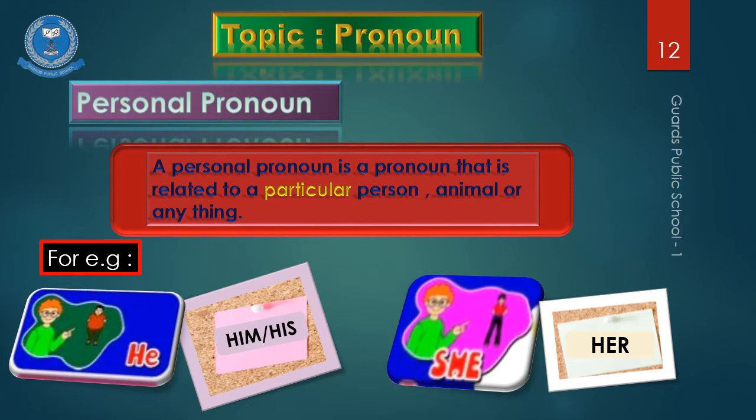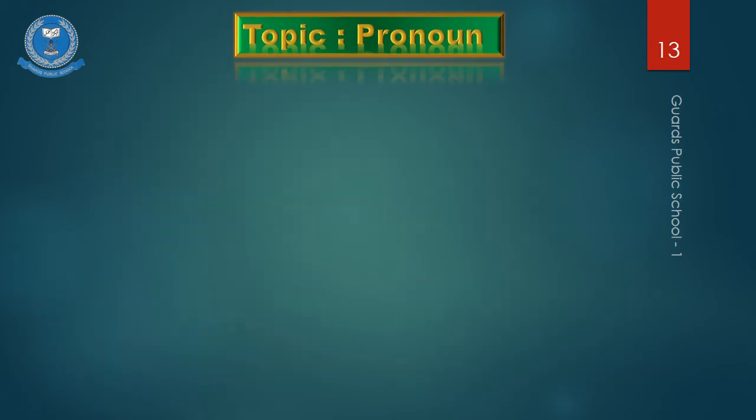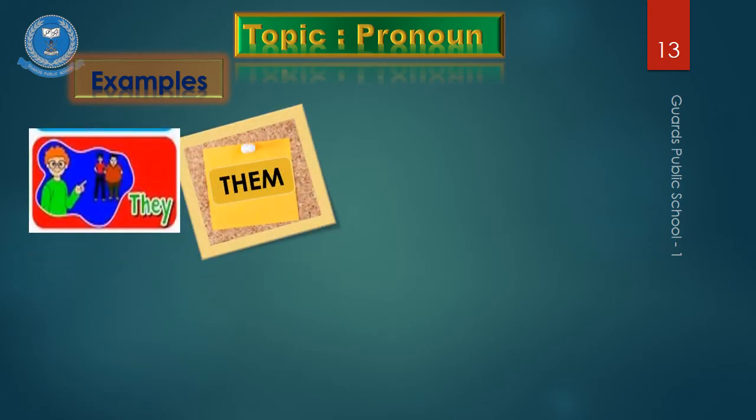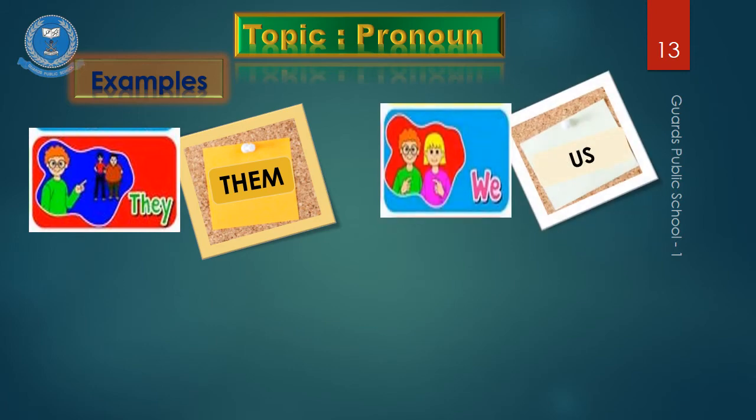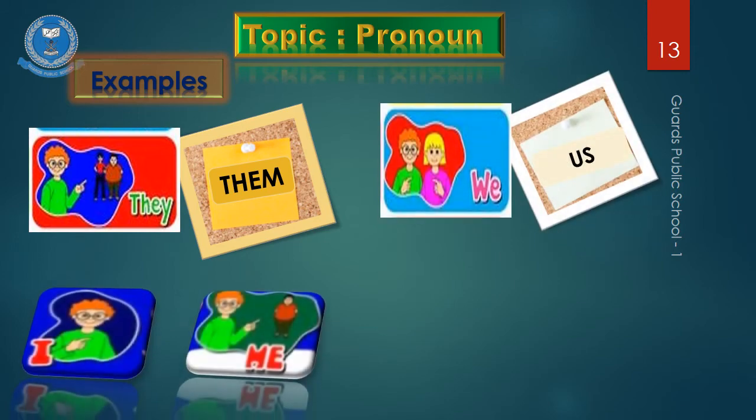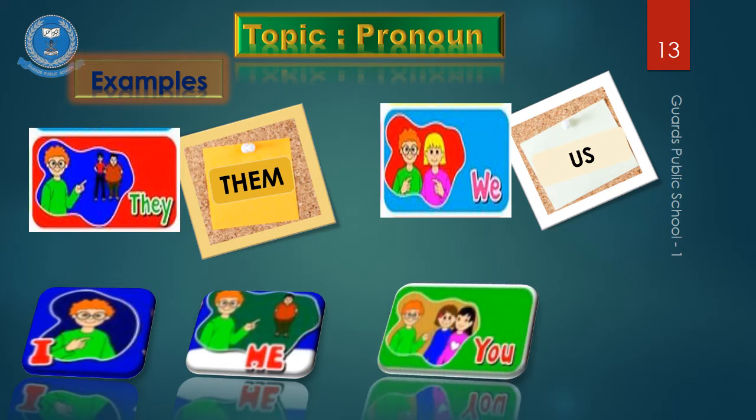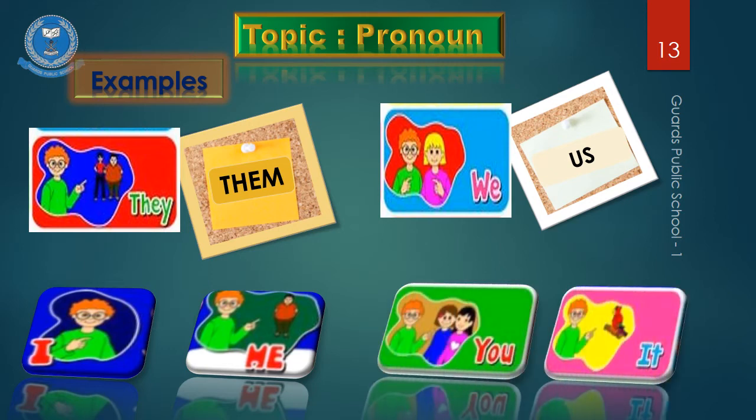So, let's see some more examples of personal pronouns in our next slide. Here we have some more examples of personal pronouns like they, them, we, us, I, me, you, it. They all are personal pronouns.